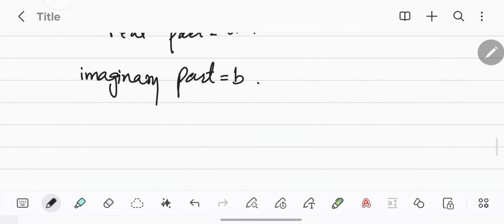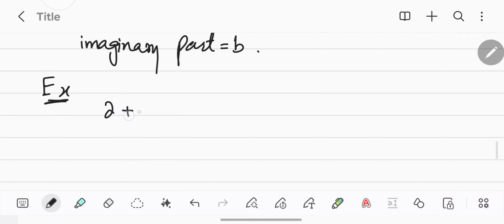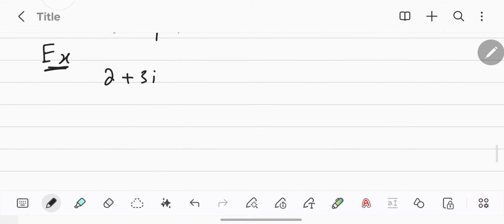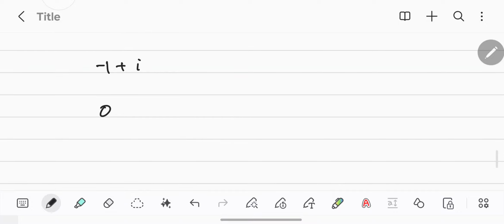Here we have examples. For example, 2 plus 3 iota is a complex number. -1 plus iota is also a complex number. 0, just 0. We can write 0 as 0 plus 0 iota, which is again 0.